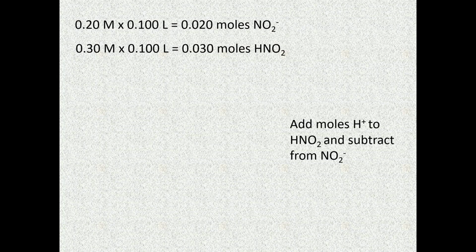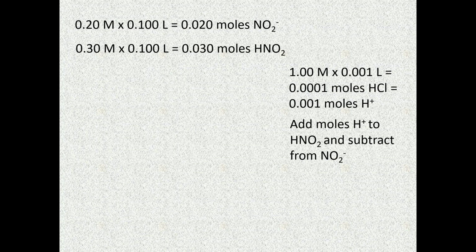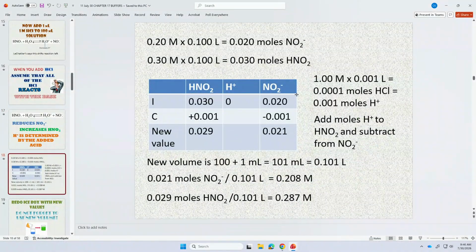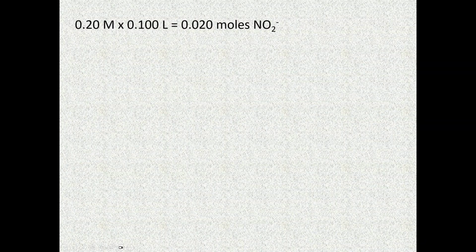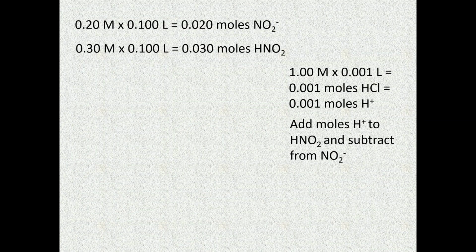How much H plus did I add? Well, 1 molar times 0.001 liter is 0.001 moles of HCl, which is 0.001 moles of H plus.